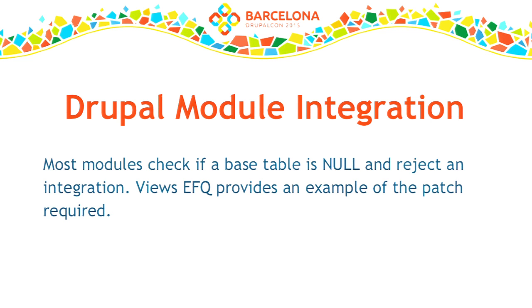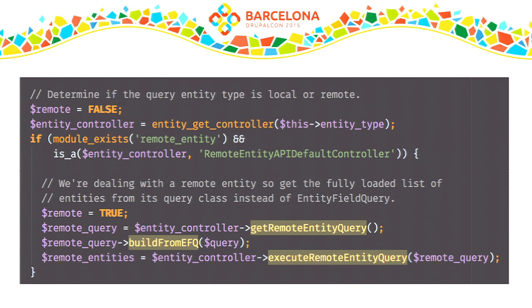Views entity field query module, which was originally created to work with a MongoDB backend, actually provides a solution for our integration with views. If you take a look at this code, you can see what they've done here is say, if module exists remote entity, and if I'm using a remote entity API controller on the entity that I'm trying to use in views, then go ahead and allow it to work.